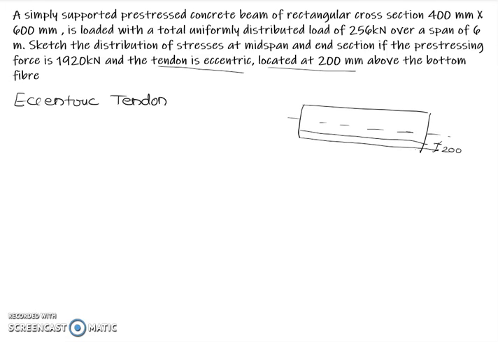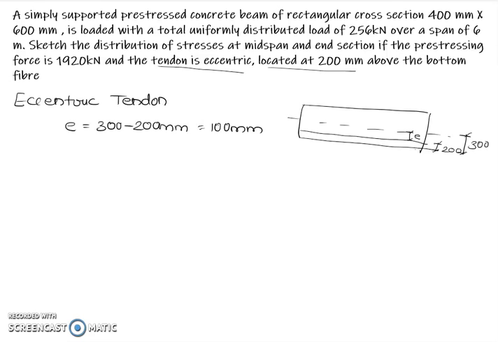This is eccentricity E. This is 300, that is half of the section of 600 mm. So eccentricity E is nothing but 300 minus 200 mm, that is equal to 100 mm. So eccentricity we have got.